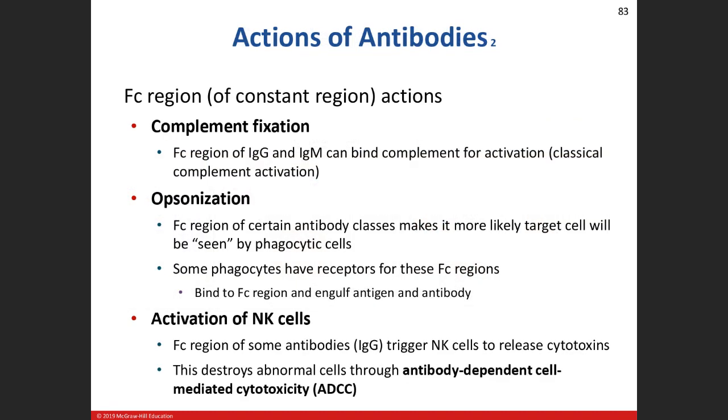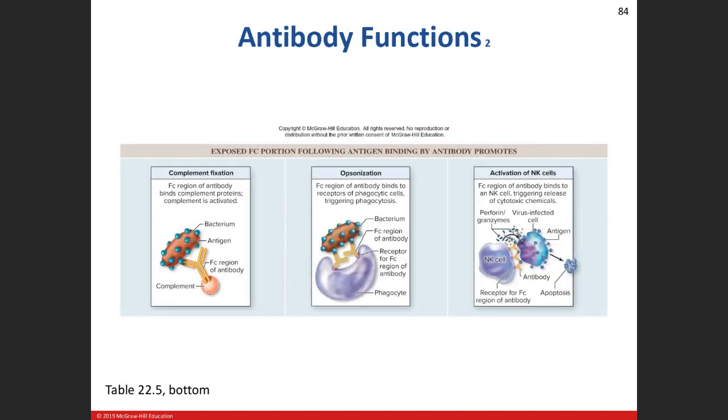Opsonization here. Again, we're going to be dealing with the constant region. But now what we're going to do is, let me just show the picture. I hate trying to read the words. So here is your antigen. Now the antibody jumps onto the antigen here, and then the constant, the Fc region, can make contact with the macrophage, which again is an antigen-presenting cell.